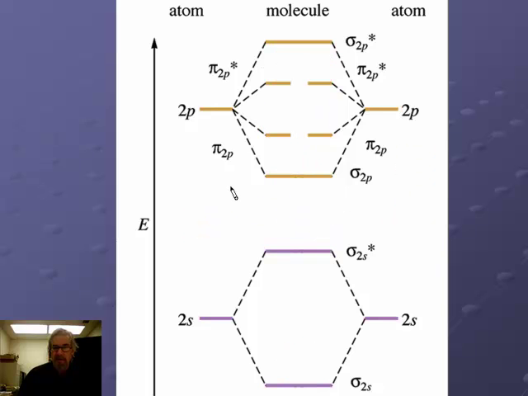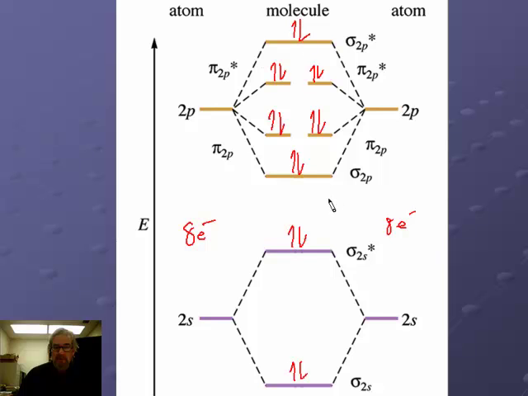Now let's go to the last one in the row, and then we'll be done with this. Neon. Well, each neon has got 8 electrons, full octet. So our energy level diagram should get 16 total. Here they are. 2, 4, 6, 8, 10, 12, 14, 16.